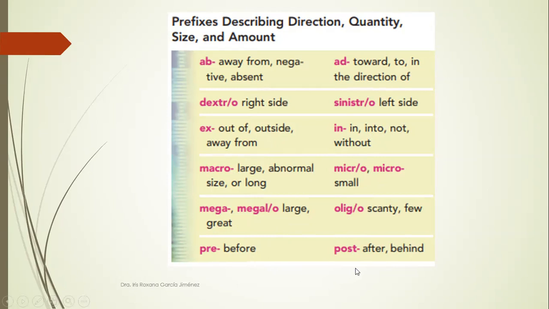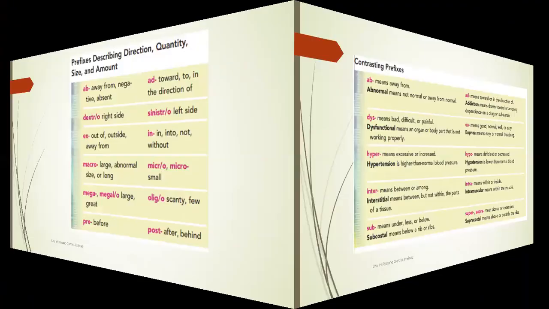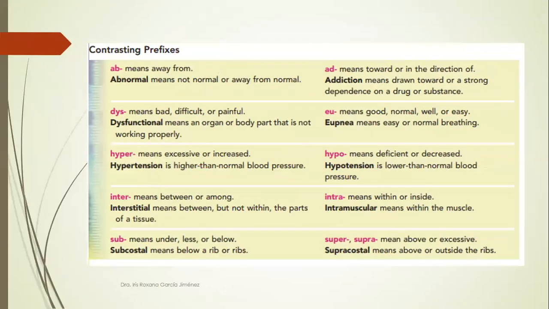Pre, before. Post, after or behind. So you can check this. While checking these suffixes and prefixes, it's easy to keep in mind what we are talking about, how to deduce and get clear about meanings, maybe inferring meanings without making mistakes.